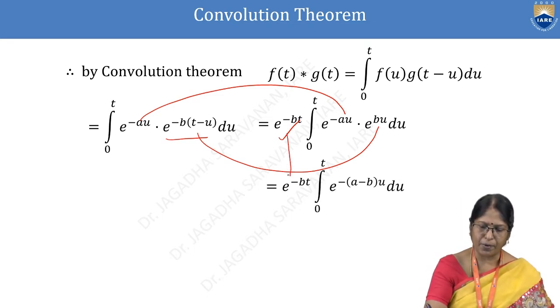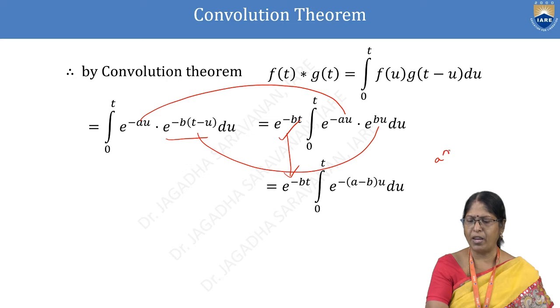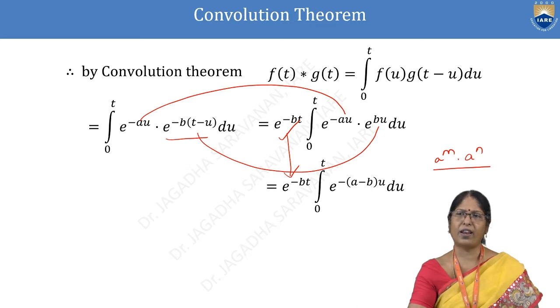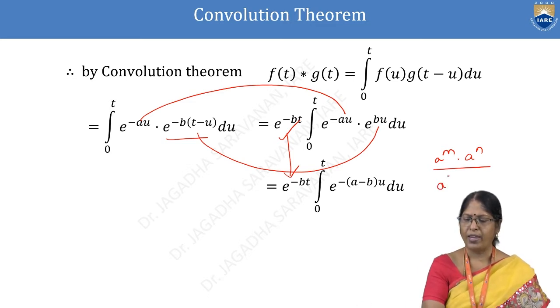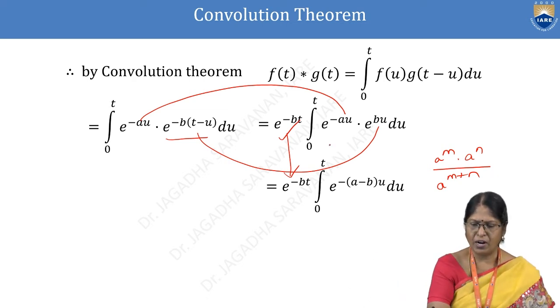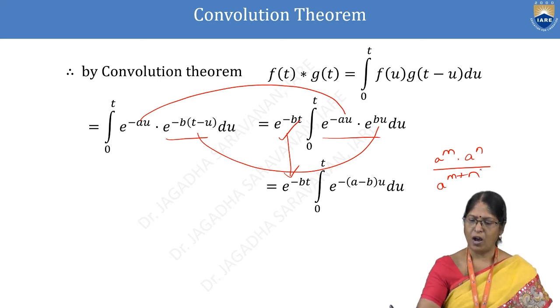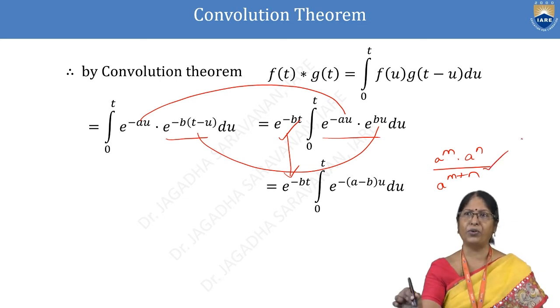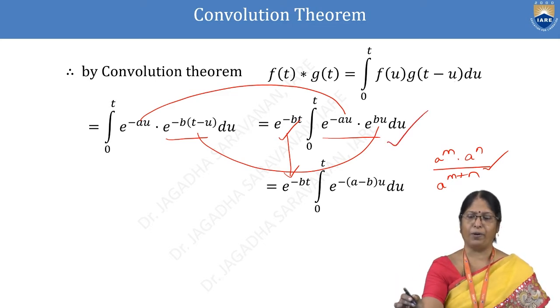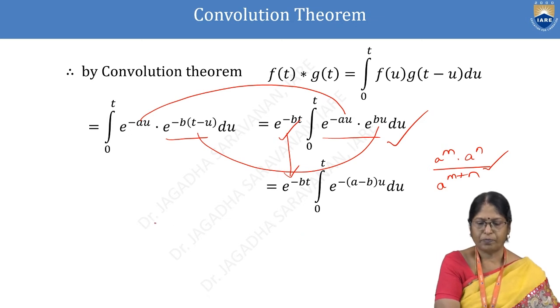Next, this step is written as it is. This is e power m into e power n, the exponential law, which we studied in lower classes itself: it becomes e power m plus n. Obeying this exponential law, in our given problem we get e power minus au plus bu.